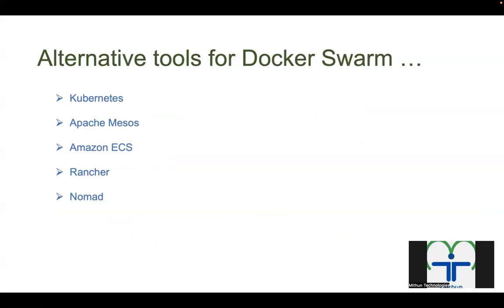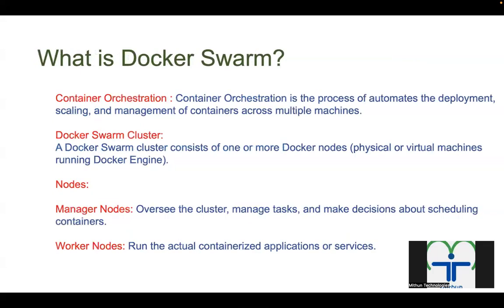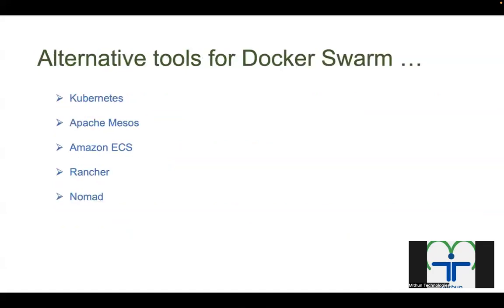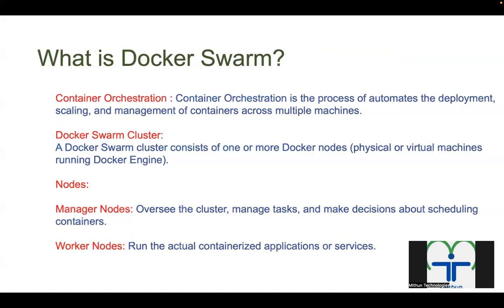So we are using this Docker Swarm. Why do we need to use it? What are the benefits of Docker Swarm? See, if you don't use Docker Swarm, and simply use Docker, you have to manage the containers manually. It is very difficult.